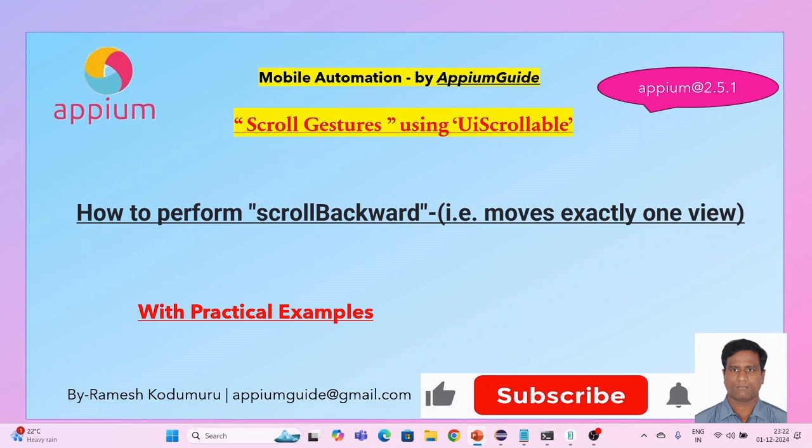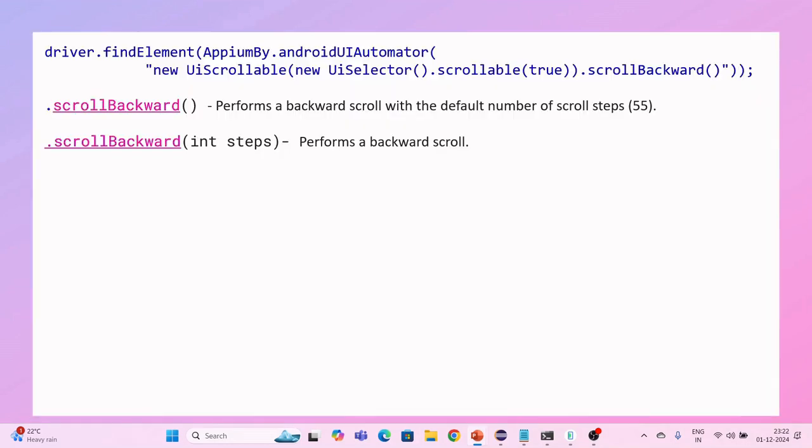As a part of our scroll gestures series, in this video we will see how to perform scroll backward, that is, it moves exactly one view. For this we have to use the method called scrollBackward. It is a default one without any parameters.